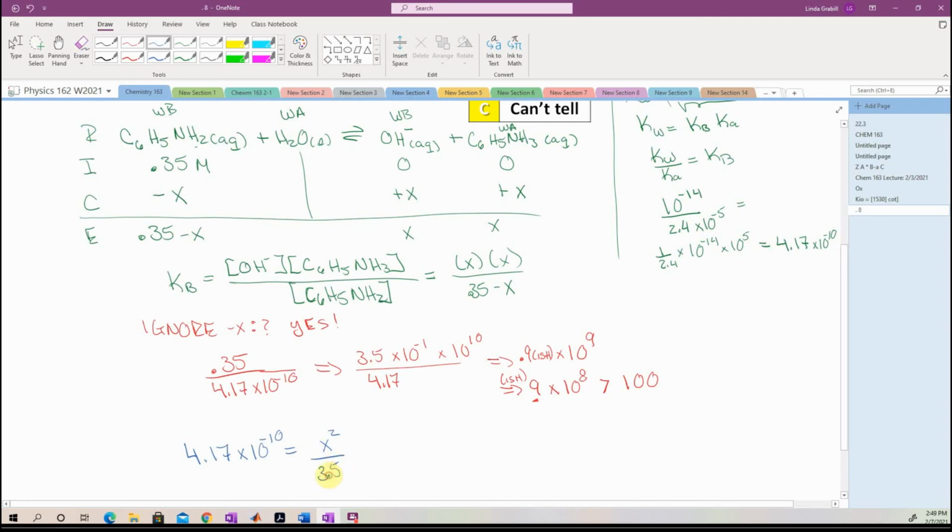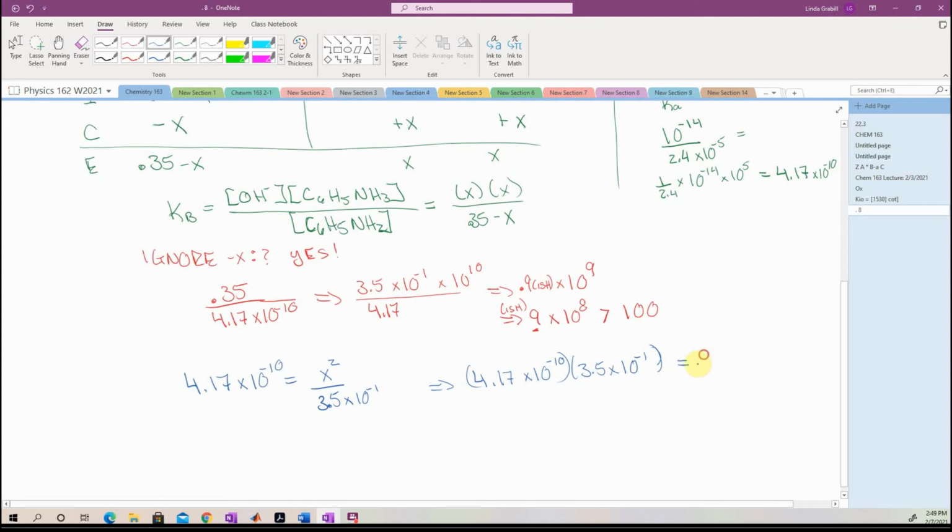3.5 times 10 to the negative 1. Come over here. I get 4.17 times 10 to the negative 10 times 3.5 times 10 to the negative 1. So I don't want to put all those exponents in my calculator because that just gets gnarly.